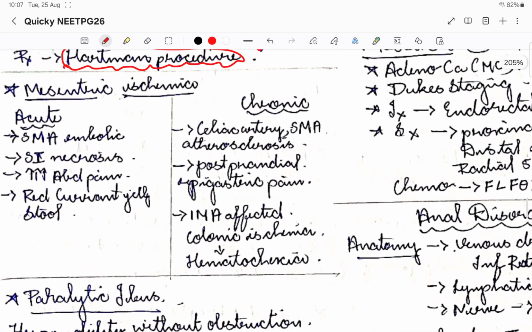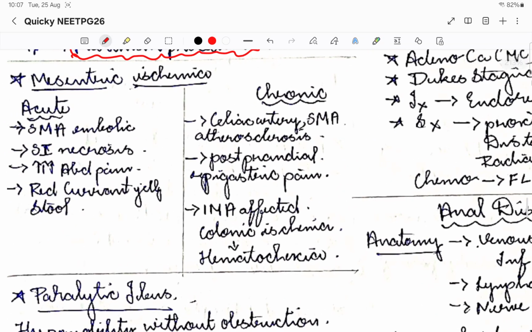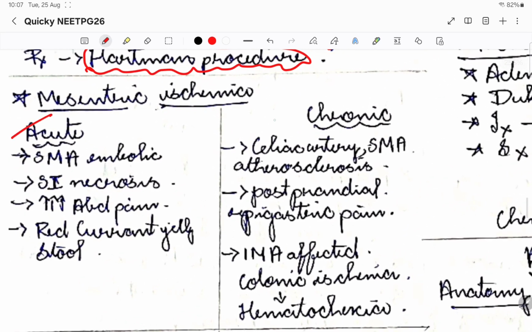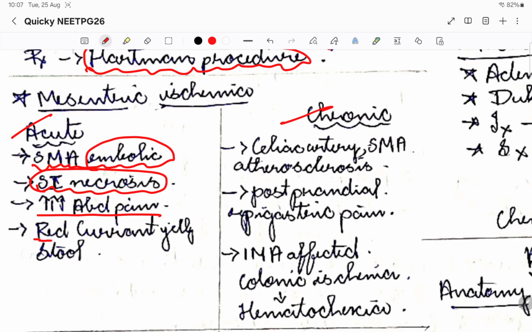Then coming to one of the important topics, that is mesenteric ischemia and paralytic ileus, okay. So mesenteric ischemia can be acute and chronic. Here in acute, there will be SMA emboli, okay. So superior mesenteric emboli might happen and lead to small intestine necrosis, okay. There will be exaggerated abdominal pain with respect to mesenteric ischemia, okay. The presentation other than abdominal pain will be recurrent red currant jelly stool, okay. Then coming to chronic case, it is going to be the celiac artery that is involved, and most commonly the SMA is also involved.